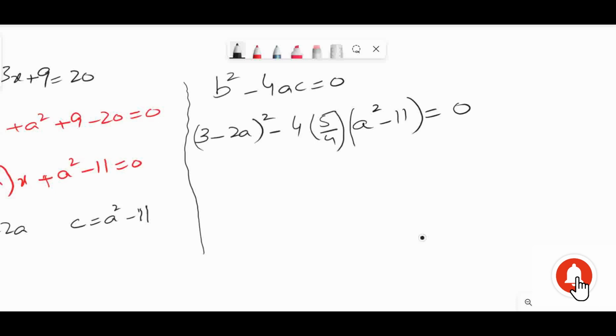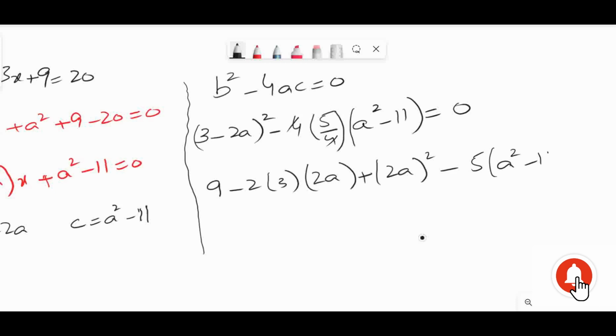Here we can use the formula (a − b)² = a² − 2ab + b², so (2a)² and we can cancel out these two, so 5 into a² − 11 is equal to 0.